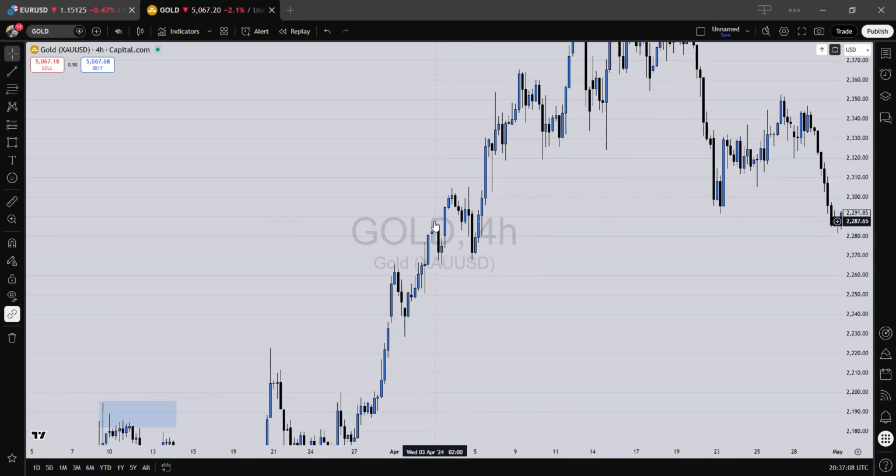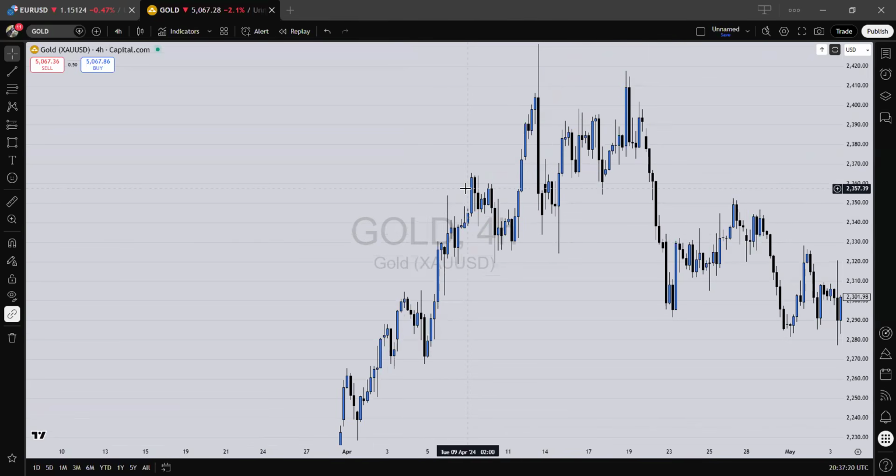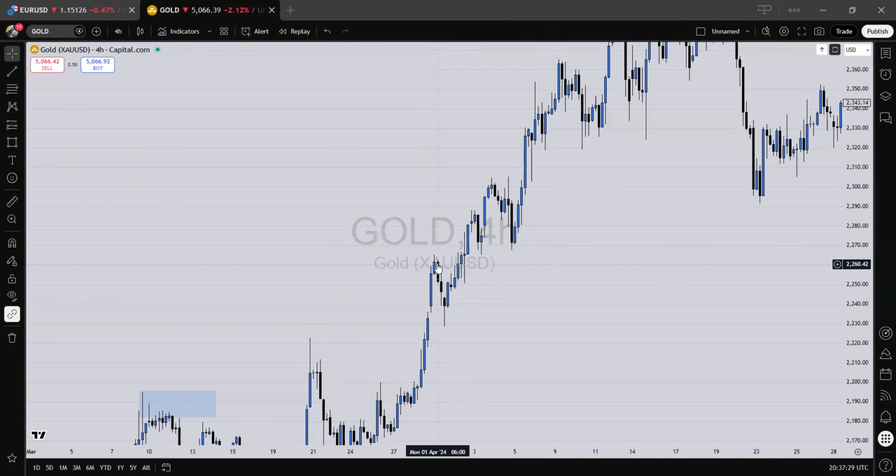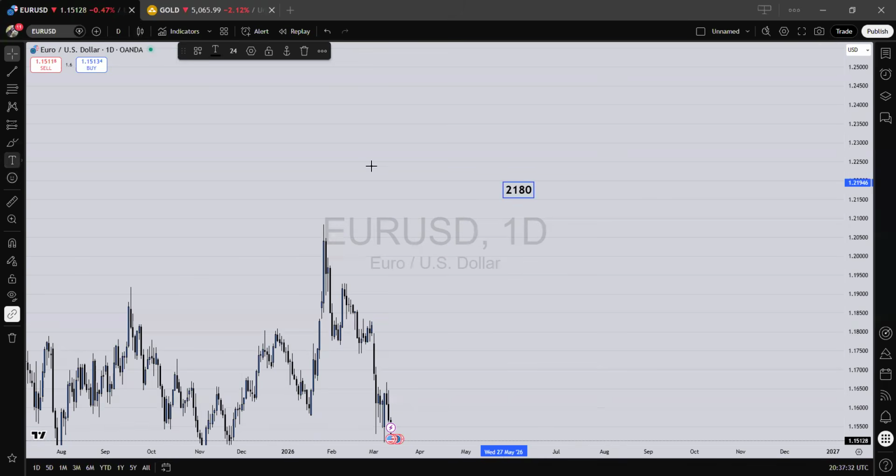Basically, when price got to 2280, it started consolidating. Here, price got to 2360 and started consolidating. Here, price got to 2260. So let's just say 2250 to 60 zone. Okay. 2350 to 60 zone. All right.